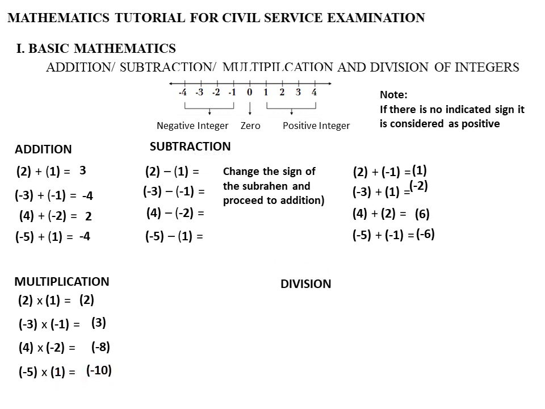Okay, so let's proceed to division. 2 divided by 1, they have the same sign, so the answer is positive. 2 divided by 1 is 2. Next, negative 3 divided by negative 1, they have the same sign again, so the answer is positive.